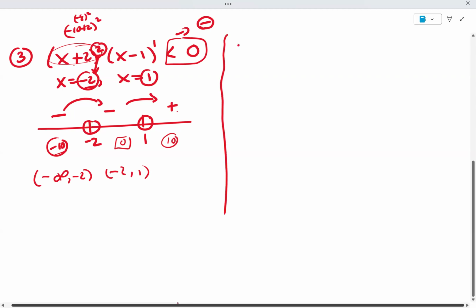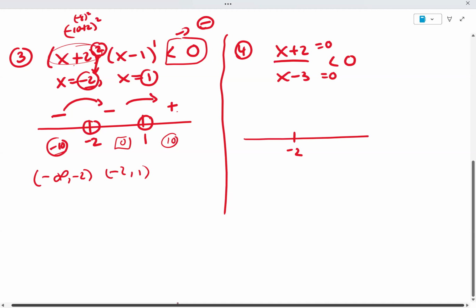And now the rational ones, where we've got the x in the denominator. So here is a basic one. What's nice about it is it's already set to 0, and it's just one fraction. But this time, in getting the critical points, we need to set both the numerator and the denominator equal to 0. So the top critical point is -2, and the bottom critical point is 3.